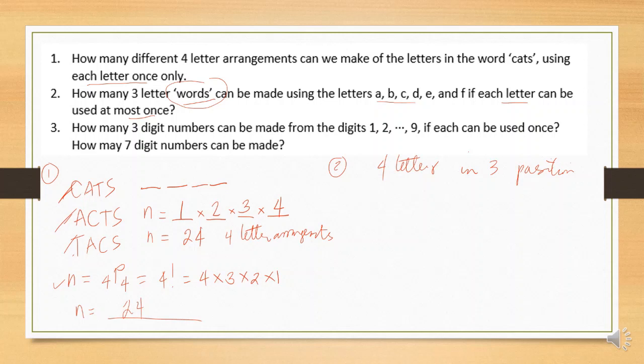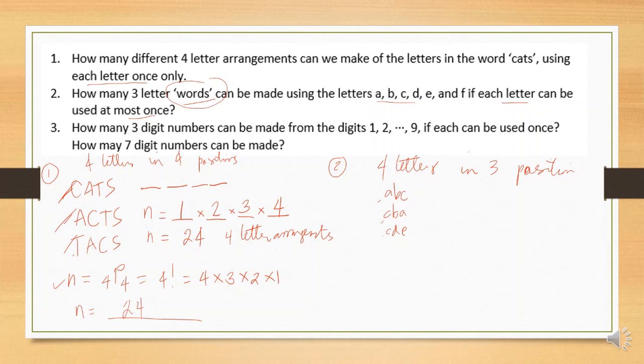Unlike the first one, we are arranging four letters in four positions. So in our case, if you are going to write the permutations, A, B, C could mean one count. CBA or CDE, etc., are also possible. So you can list them down actually, but that would take a lot of time if you are on a quiz with a 1 hour limit. So you have to use the counting techniques.